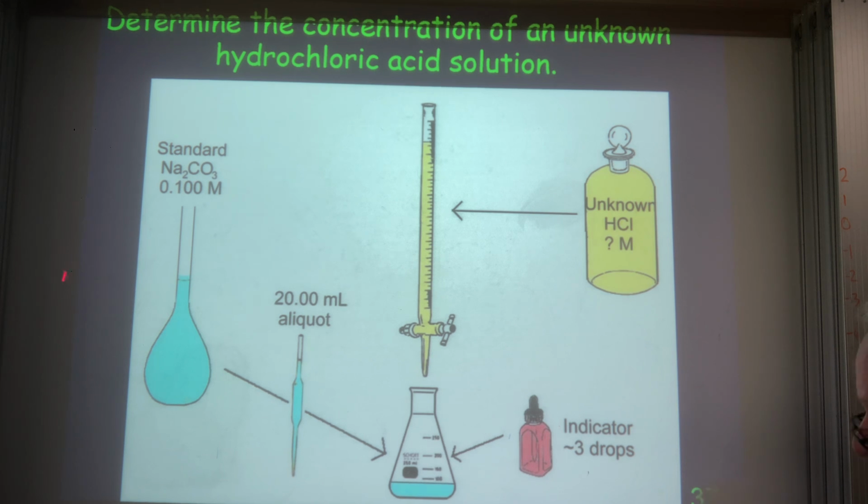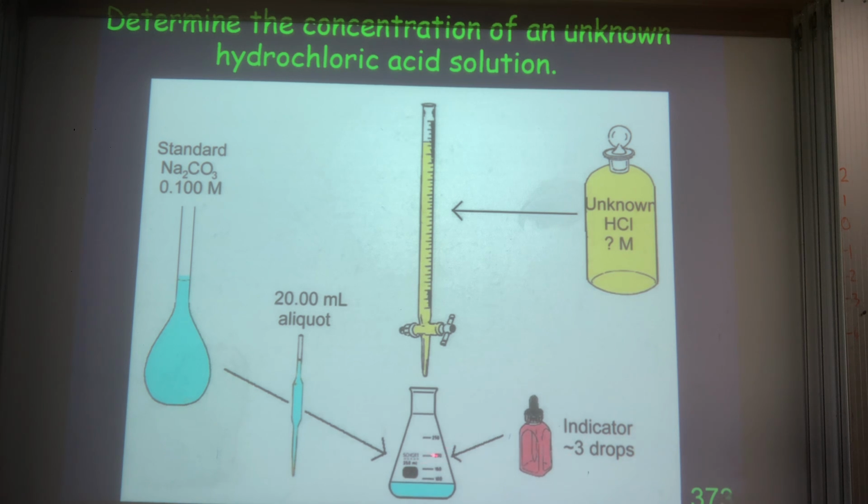The standard solution that you do know the exact concentration of, we know the concentration of this sodium carbonate is exactly 0.100 molar. Now we're going to measure 20 mL using the pipette and put it into the conical flask.